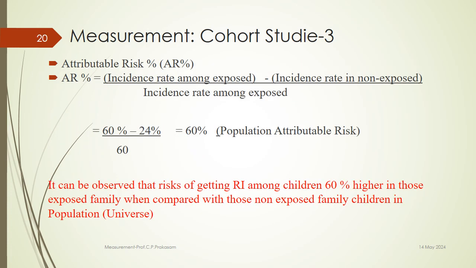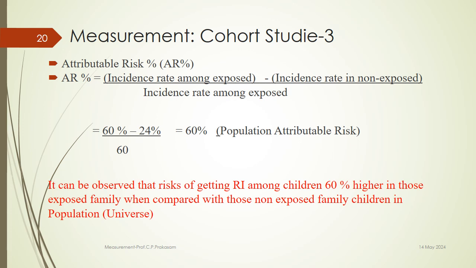Similarly, the attributable risk percentage gives the risk estimation if it is taken in the general population. That is, AR percentage equals the incident rate among the exposed minus the incident rate of non-exposed, divided by the incident rate among exposed. That is the ratio we are calculating. The calculated value gives the end result as 60%.